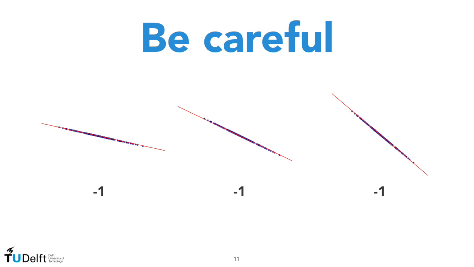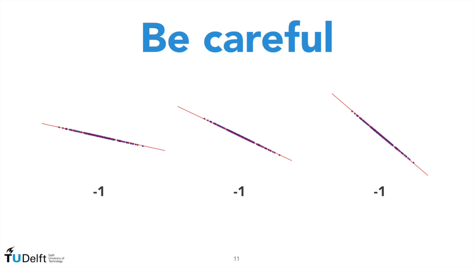The fact that correlation is not a measure of the slope is even more evident in the three plots you see on your screen. In all the three situations, we have a correlation of -1, that is to say, perfect negative linear dependence.